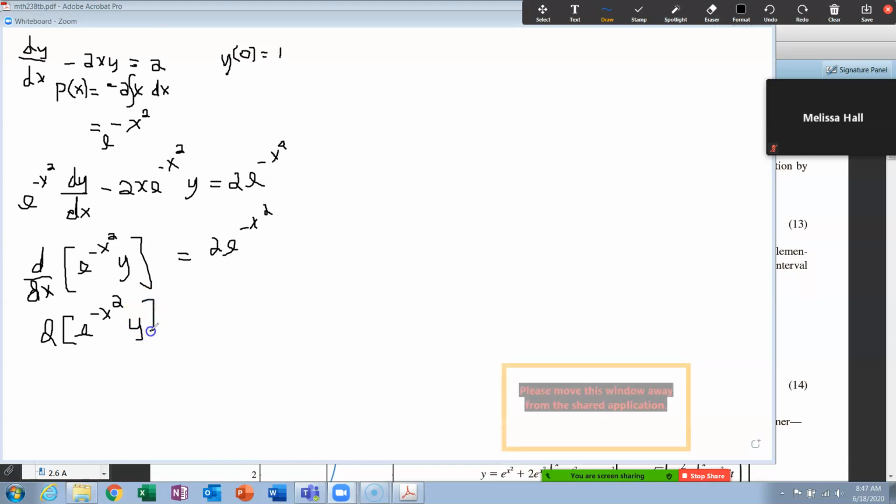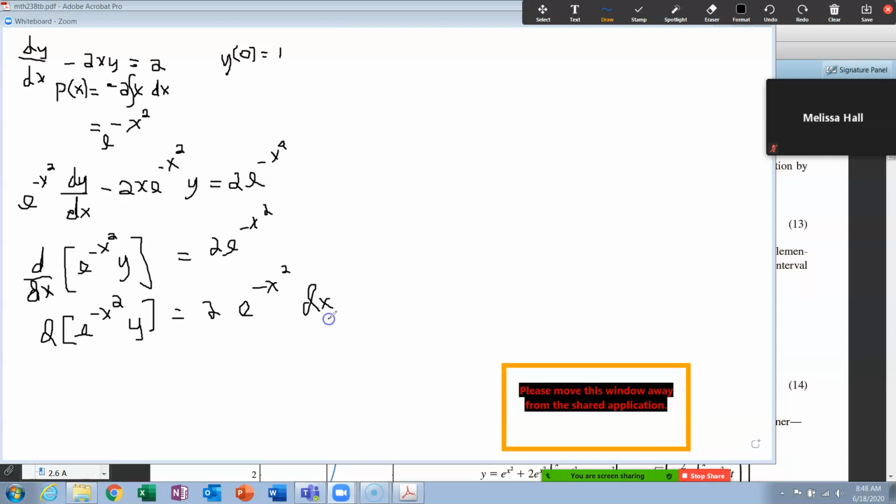There's your product function is equal to 2 e to the minus x squared dx. All I did was write the previous line in differential form: the top part on this side, and whatever we had over here times your dx on this side, writing that derivative in the previous line as a differential.